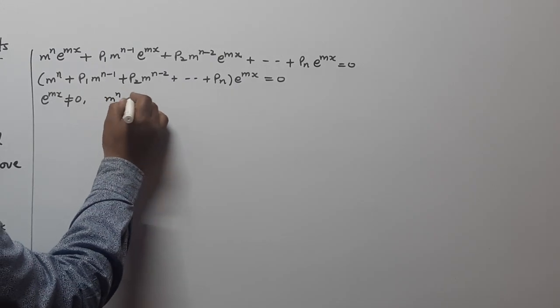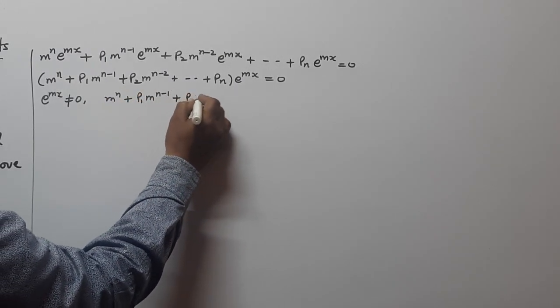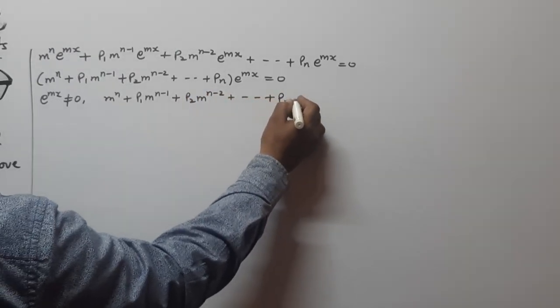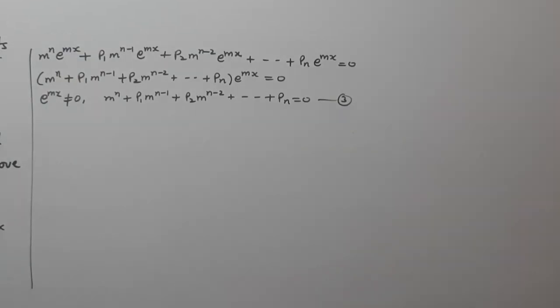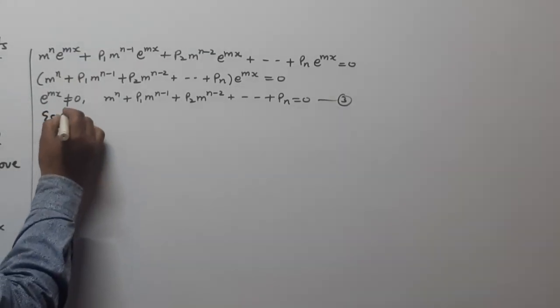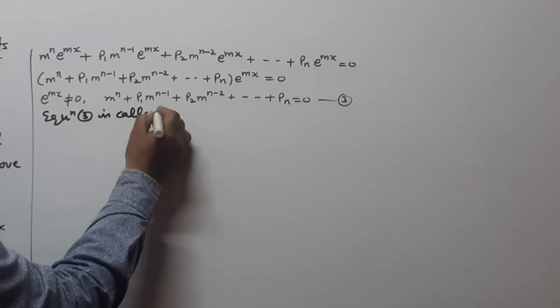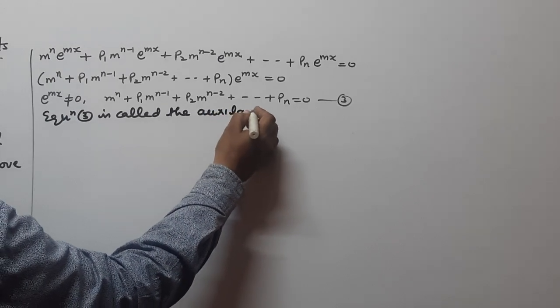So m to the power n plus p1 m to the power n minus 1 plus p2 m to the power n minus 2 and so on pn is equal to 0. Suppose this is the third equation. Equation third is called the auxiliary equation.